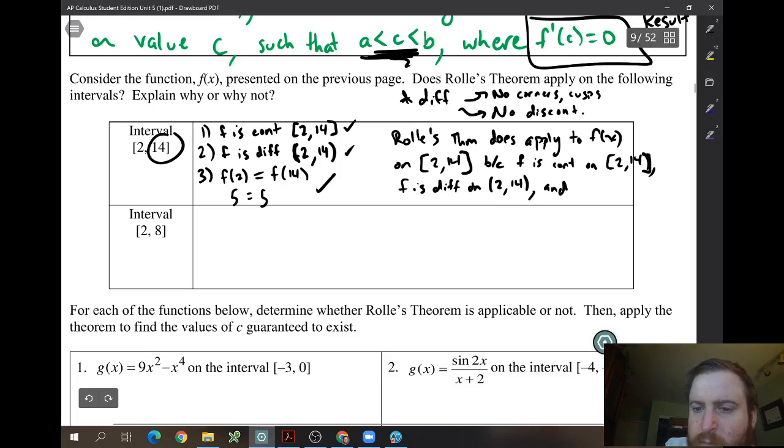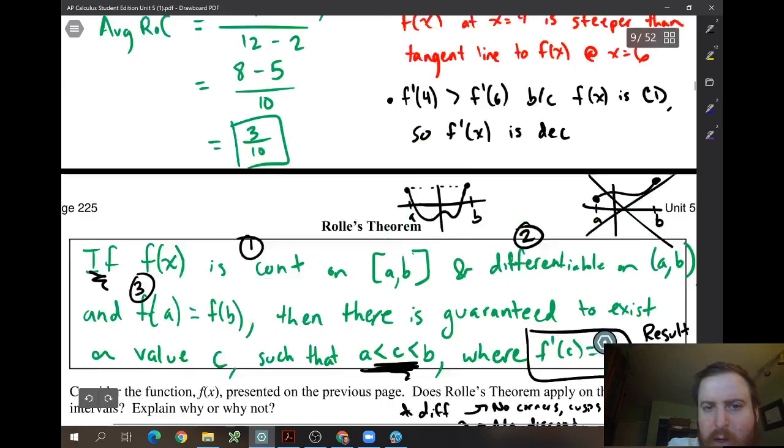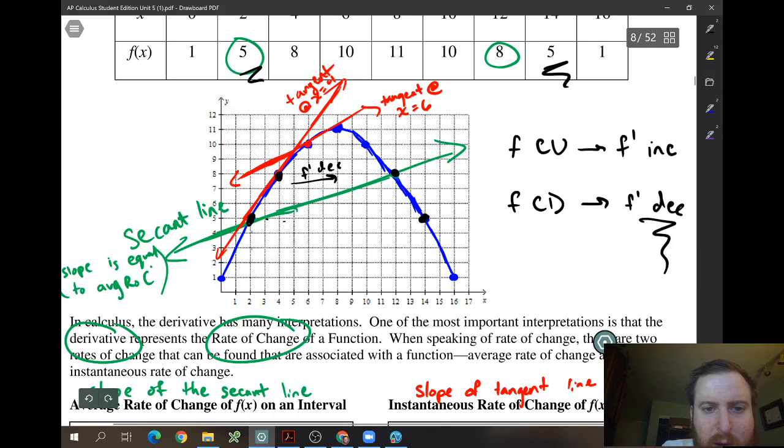And f of 2 is equal to, I'll say 5, which is equal to f of 14. If you didn't have the 5 in there, if you just said f of 2 is equal to f of 14, that's fine. And so we could even go a step further, and we'd say, where does f prime of c equal 0? Right? So in here, is there a value where it equals 0?